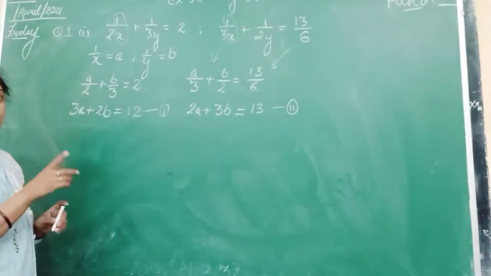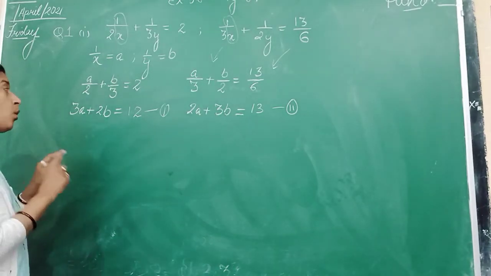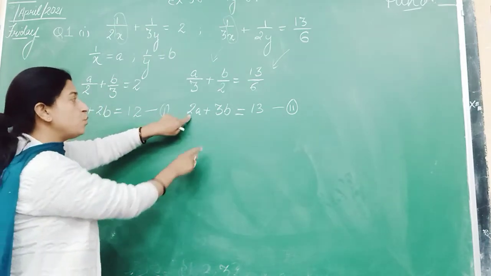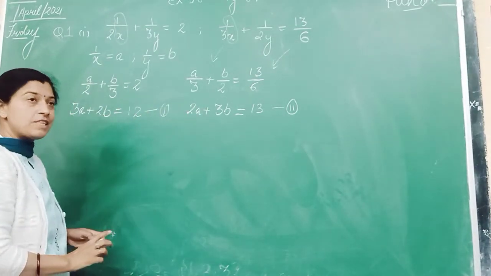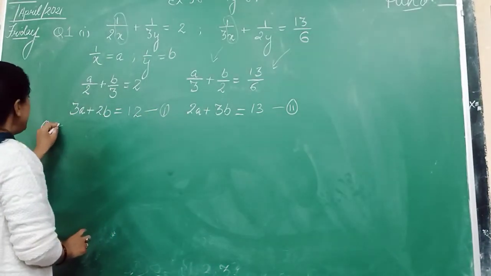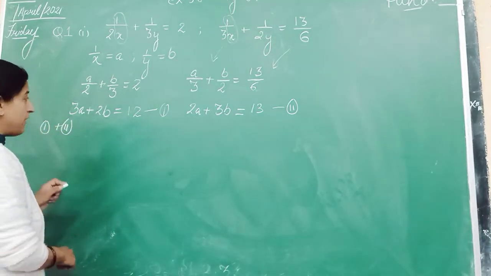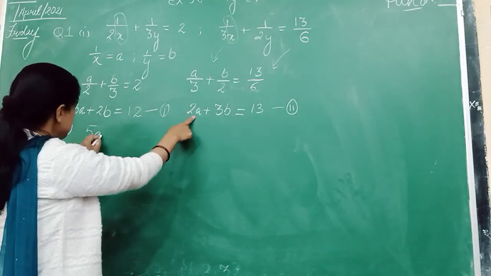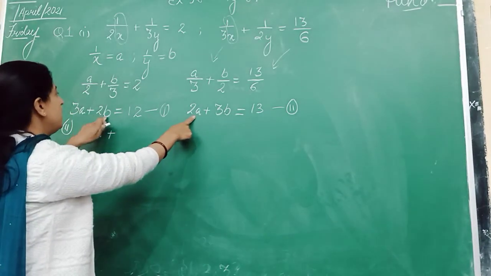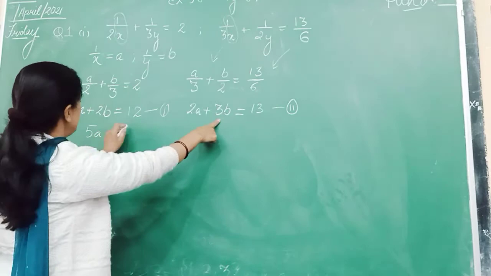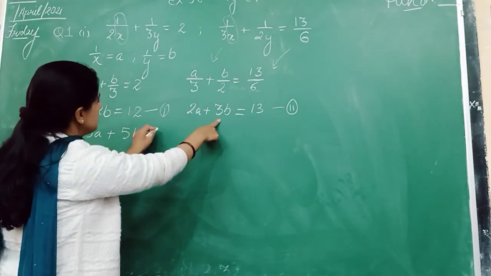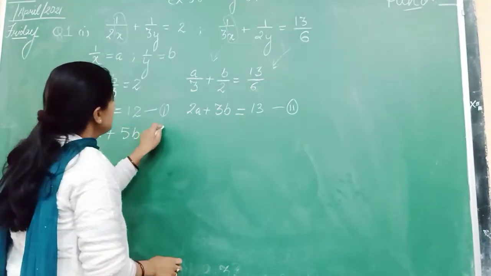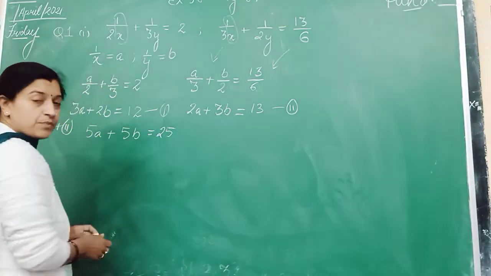But there is this thing new I am telling you, which is applicable only when you get coefficients like this. 3 here, 2 here, and then 2 here and 3 here. And what is that trick? Once we add these two equations, 3a plus 2a becomes 5a, plus likewise 2b, 3b will become 5b is equal to 12 plus 13, we'll add that, equals 25.